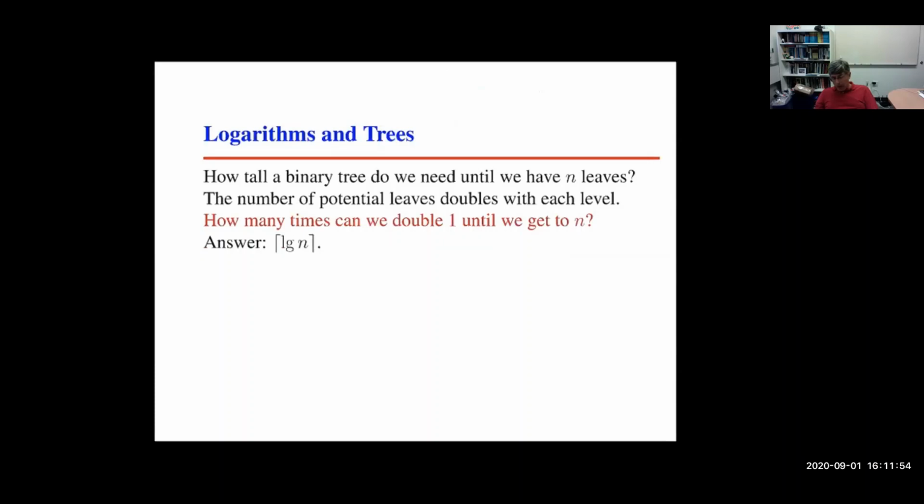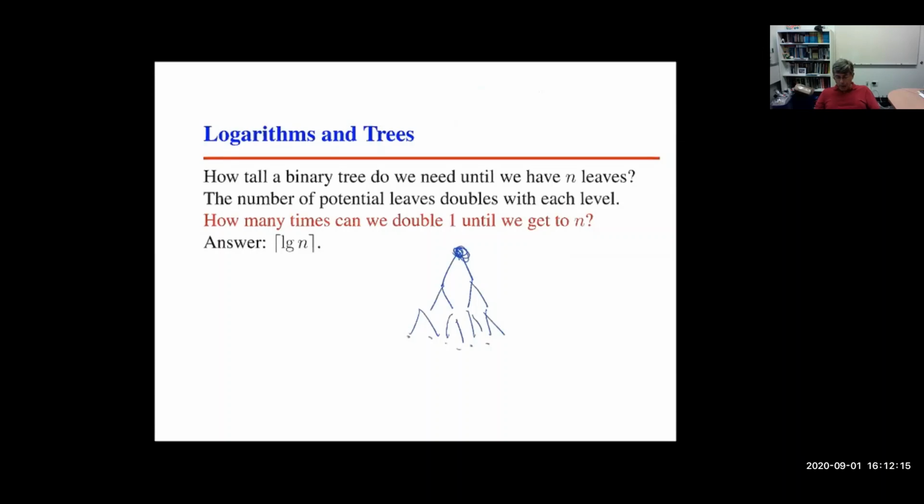Suppose we have a binary tree. Suppose I want a binary tree that has a total of n leaves in it. What is the height of a binary tree that has a total of n leaves? Again, in these binary trees, I've got a root. The leaves are the things on the bottom.